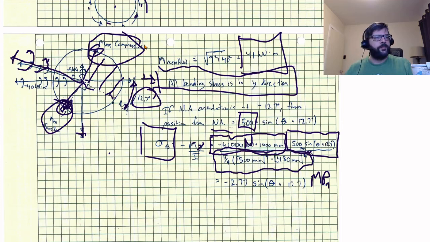So that ends up being negative 2.77 sine of theta plus 12.7 degrees, which ends up being negative 2.77 right here and 2.77 right here.